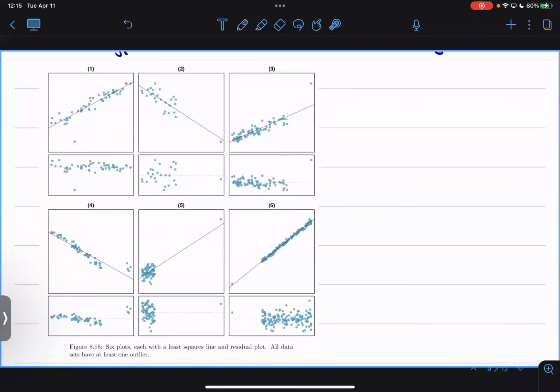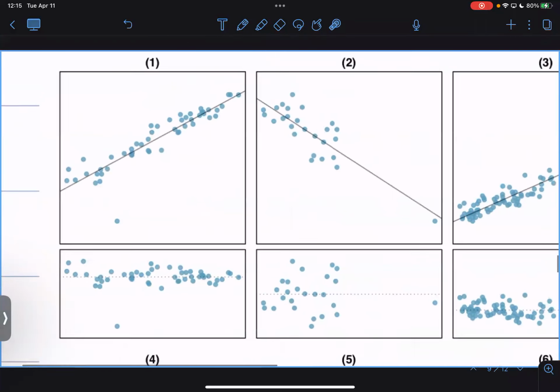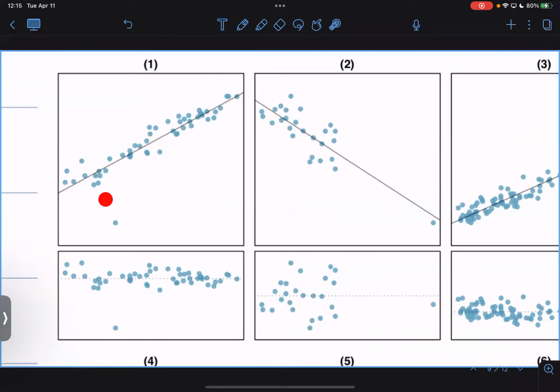Just as before, we have the original plot up top with an outlier here, and then we have the residual plots down below. Again, the residual plots are just magnifications, and so here it's just more obvious that you have an outlier.